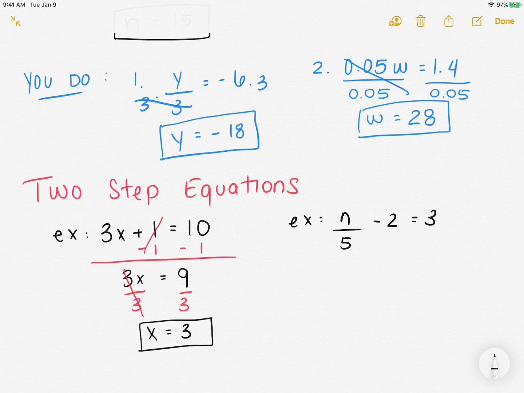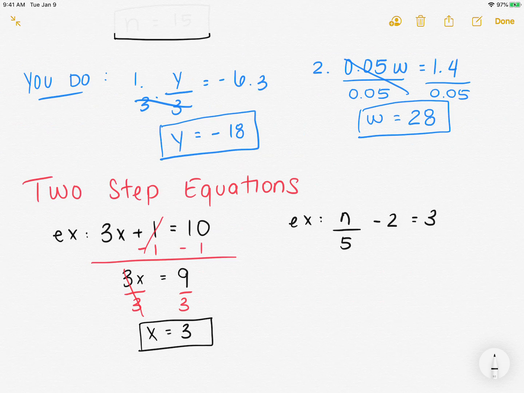So the 3 is the farthest, right? It's already on the other side of the equal sign. So once it's on the other side of the equal sign, we don't have to worry about it. We want to get rid of the stuff that's on the same side of the equal sign. So we've got to get rid of that negative 2, and we've got to get rid of that 5. Since the 5 is dividing the n, it's kind of like it's touching. It's kind of like acting the same way that 3 was before.